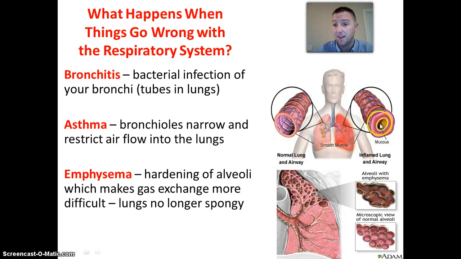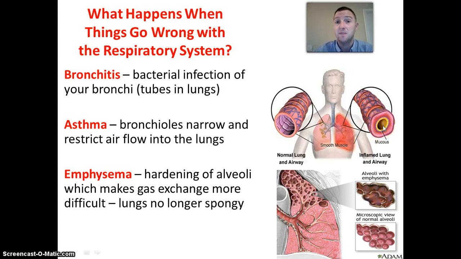So it's harder to breathe. I can't get as much air in as before. So bronchitis is an infection of your bronchi. Itis means infection. Bronchi is where the infection is. So bronchitis, infection of your bronchi. Your tubes swell and they produce mucus, and the tubes are narrower.